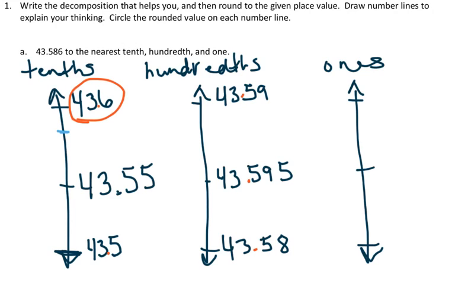So it would be 43.59. Oops, I made a mistake right here. So this is supposed to be an 8. So 43.586, which is going to be a little bit above 43.585. So that means that we are going to be rounding to the nearest hundredths, so it would be 43 and 59 hundredths.